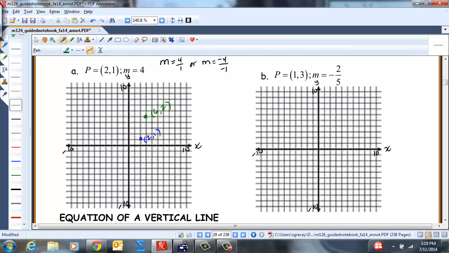Now if I go down from the given point, we'd have down 4, right? I'd have 1, 2, 3, 4, and then I'd move 1 to the left. And that gives me the ordered pair... Whoops. Actually, I have them reversed. I apologize. Miss Gracie's making up her own math today. What was my mistake? Do you see here, I went up 4 from 1.